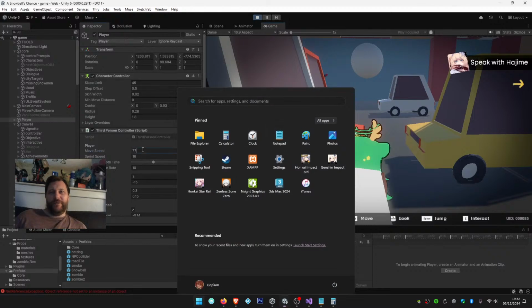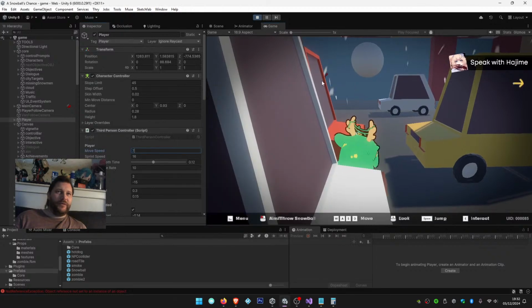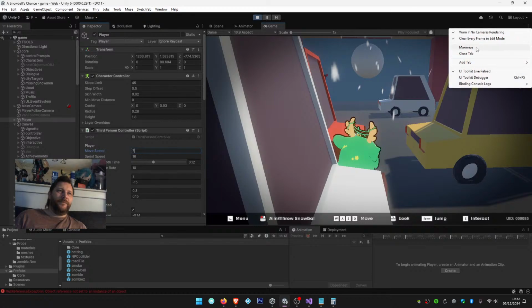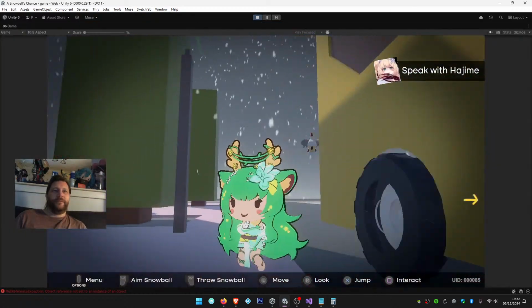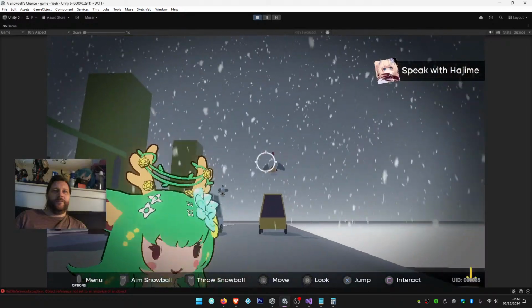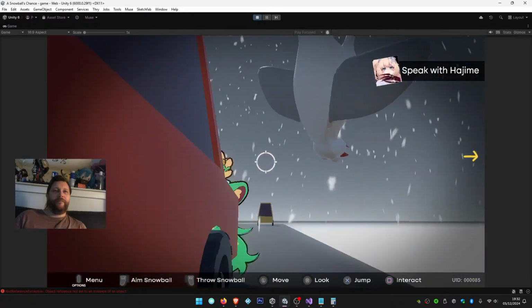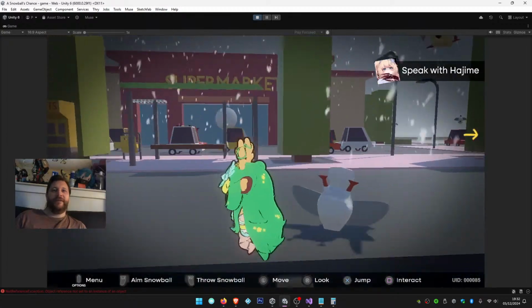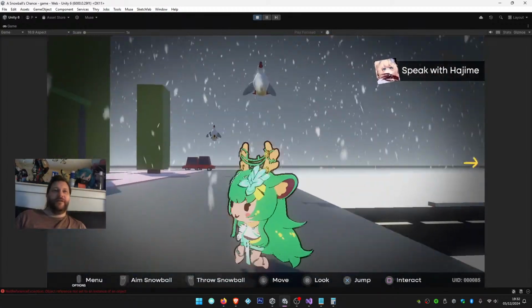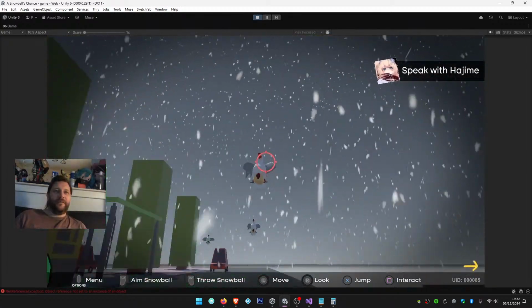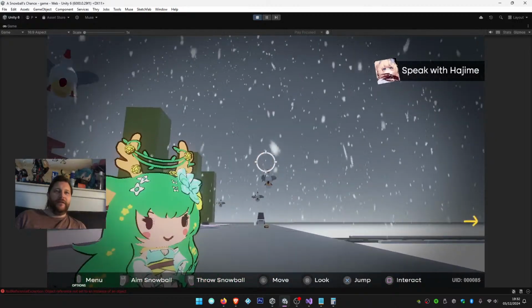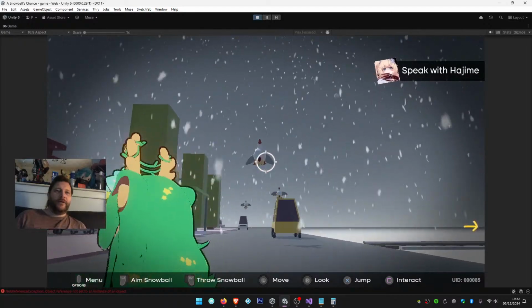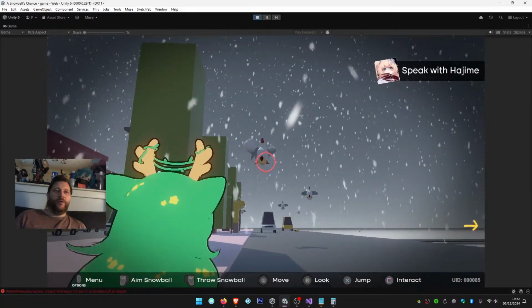I have to kill some more fucking birds. Oh, first attempt? That's a first. Yeah, I might also be able to improve it by moving the target center up, because the snowballs seem to be too low.